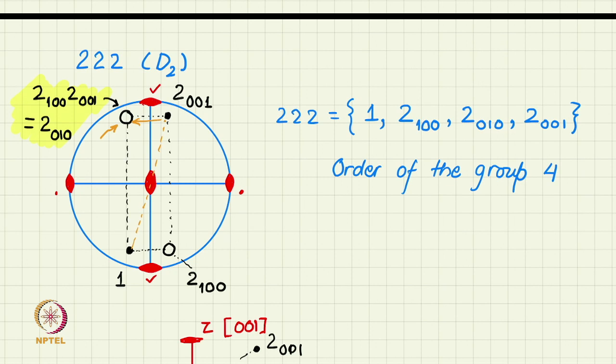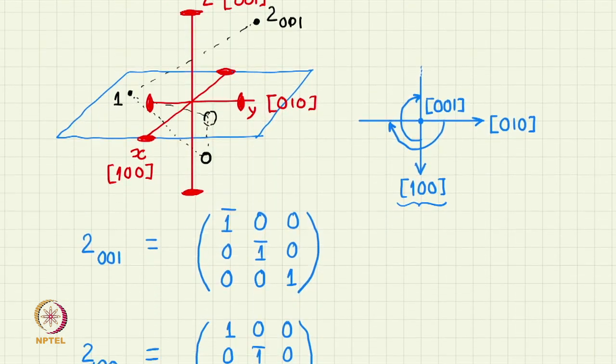So, this particular point is indeed the resultant of these two, and we also see that we can get to that point directly by a two-fold rotation about the y axis. So, the resultant of these two two-folds is the third two-fold. So, this completes the dihedral group 2 2 2.